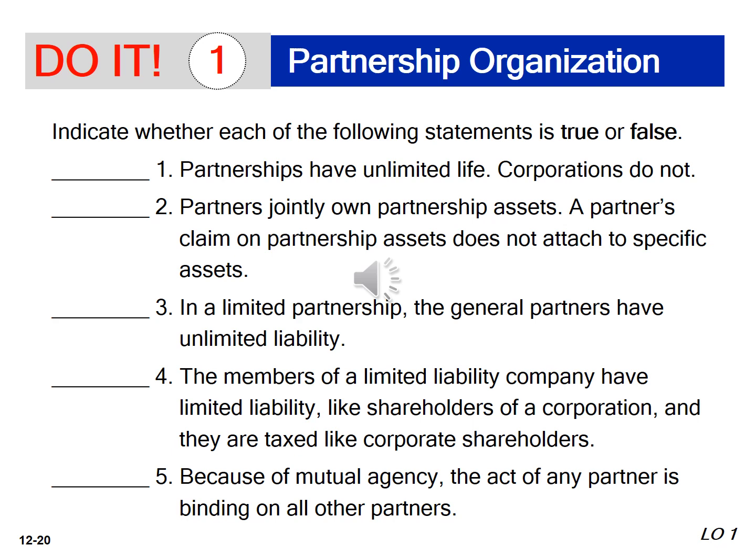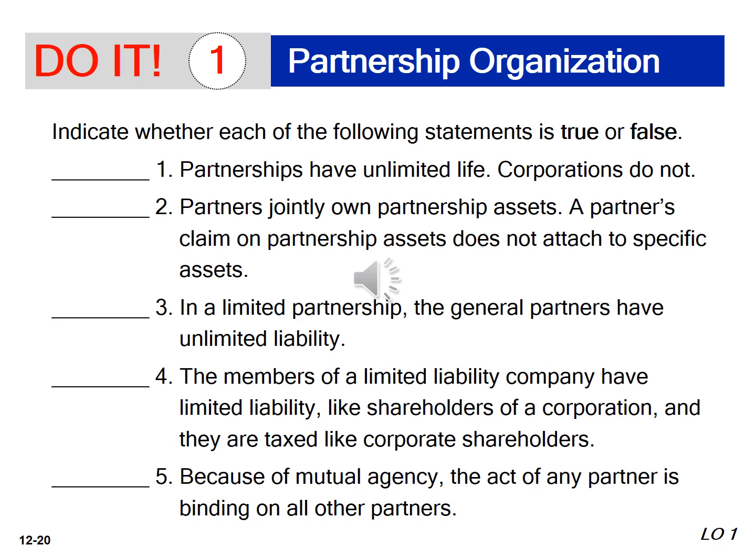Here we have a do-it-yourself exercise. The question says, indicate whether each of the following statements is true or false. Number 1, partnerships have unlimited life, corporations do not. And of course, this is false. Number 2, partners jointly own partnership assets. A partner's claim on partnership assets does not attach to specific assets, and this is true.